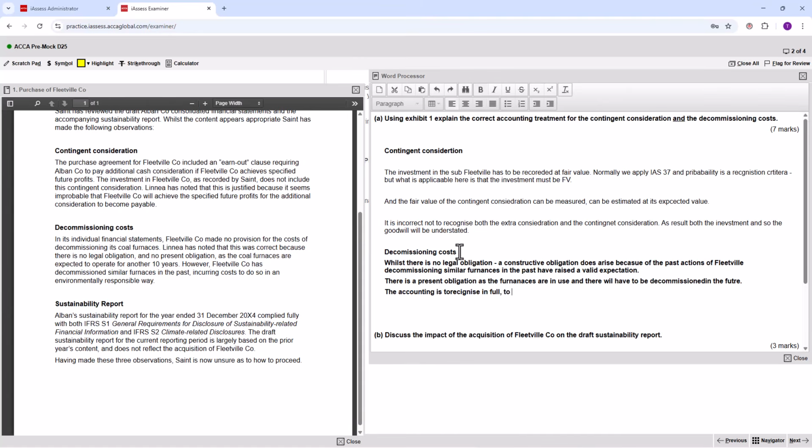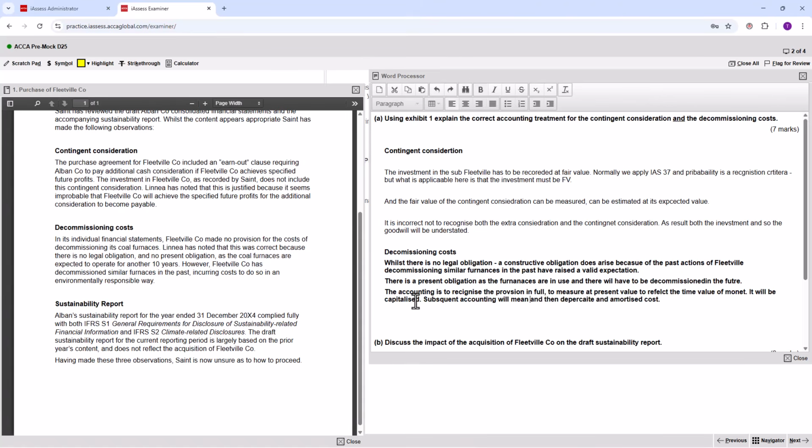To measure a present value, to reflect the time value of money, to capitalize, and then to depreciate and run amortized cost. And that sentence can be slightly tidied up, if you want to.